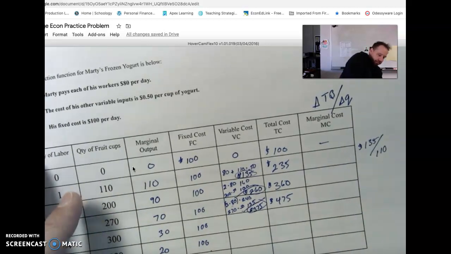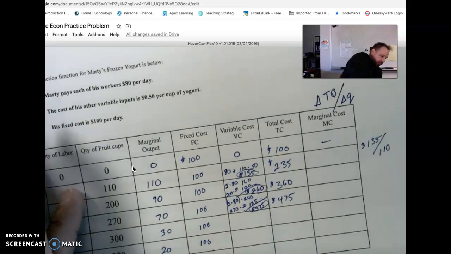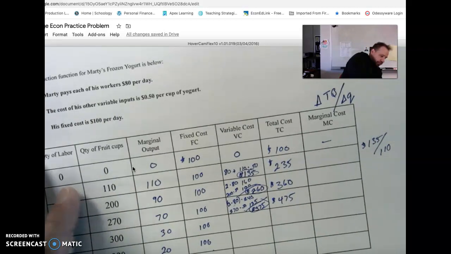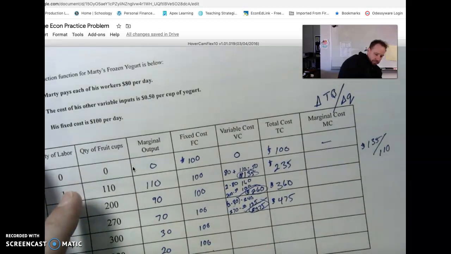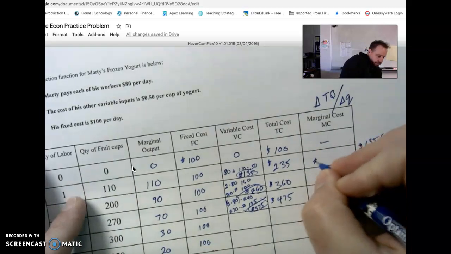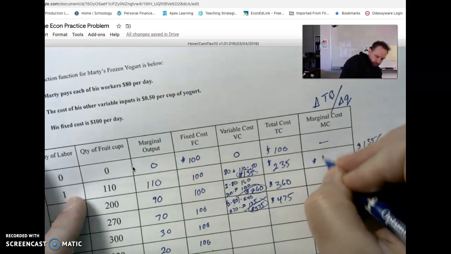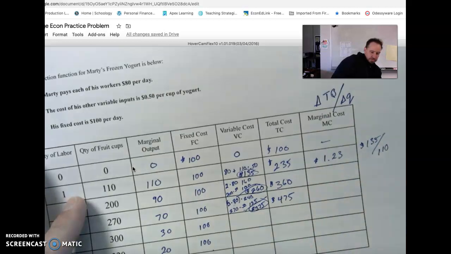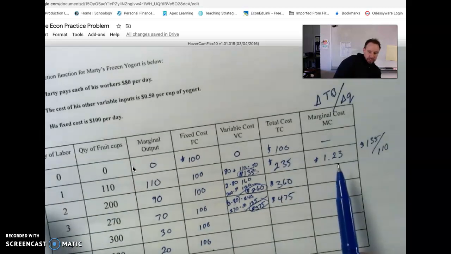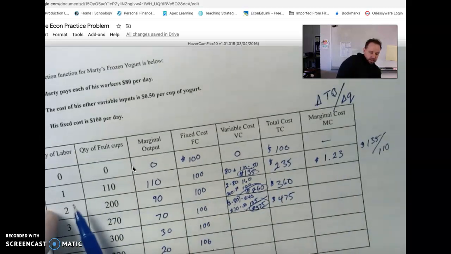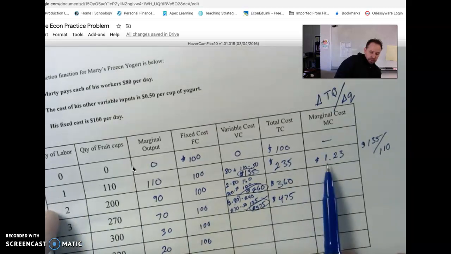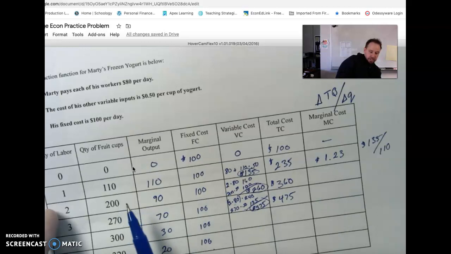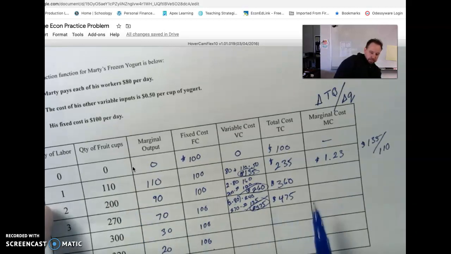So if I take 135 divided by 110, our marginal cost per unit at one unit of production is $1.23 per unit. That's our marginal cost.